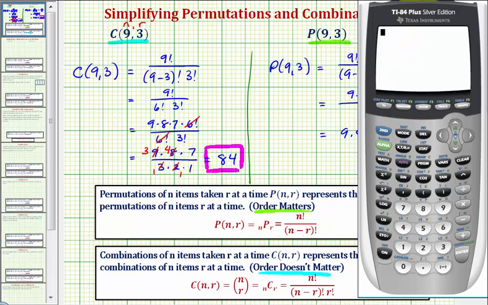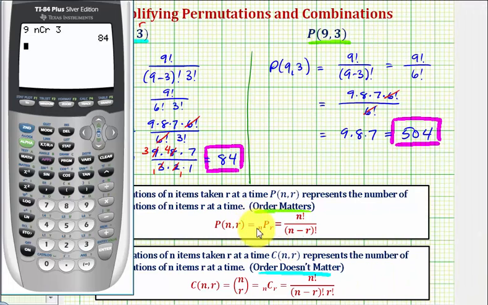So on this calculator, we first enter 9, and now we select combination by selecting Math, right arrow to Probability, and then option 3 for combination. So press the number 3, and then we enter r, which is 3, and enter, verifying that we simplified our first combination correctly.